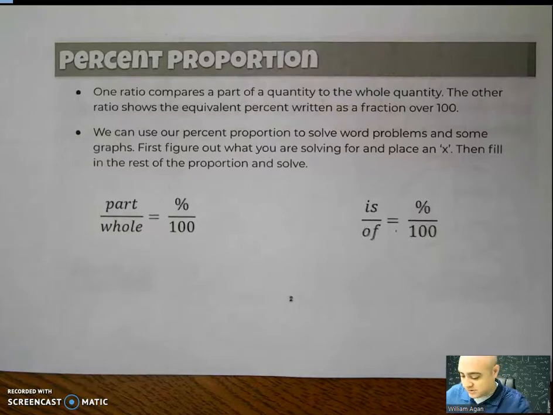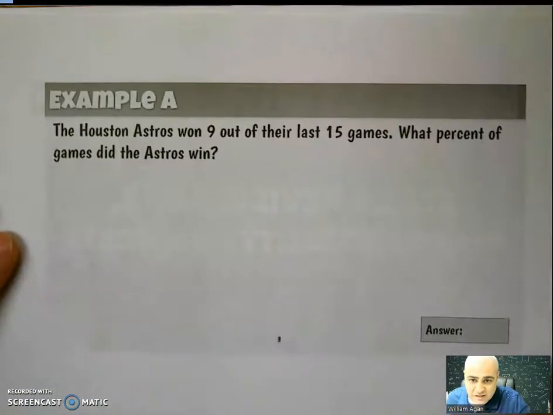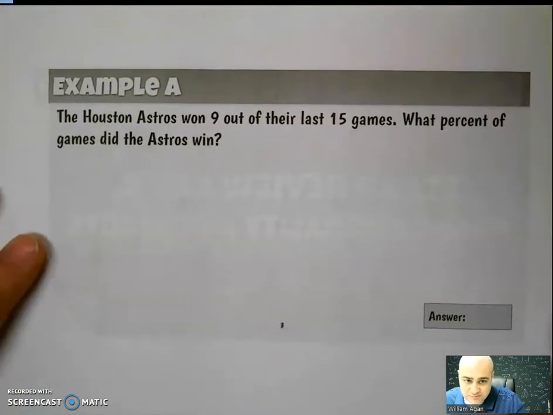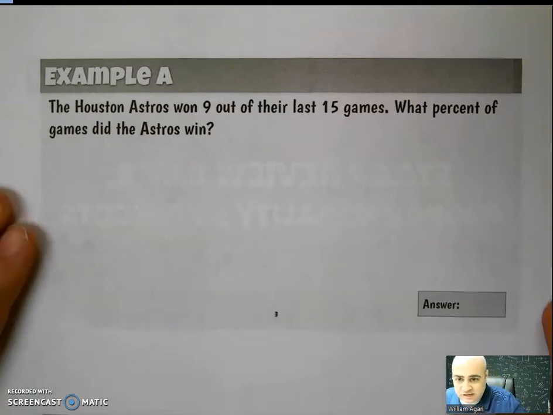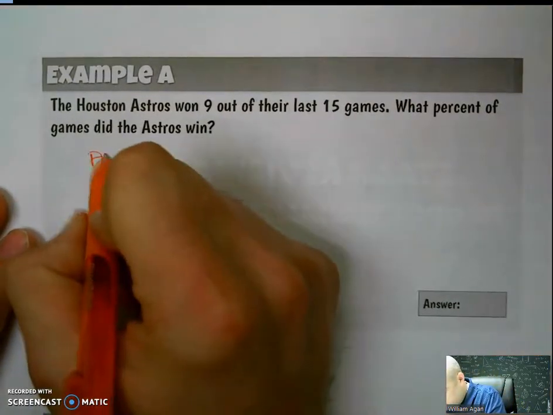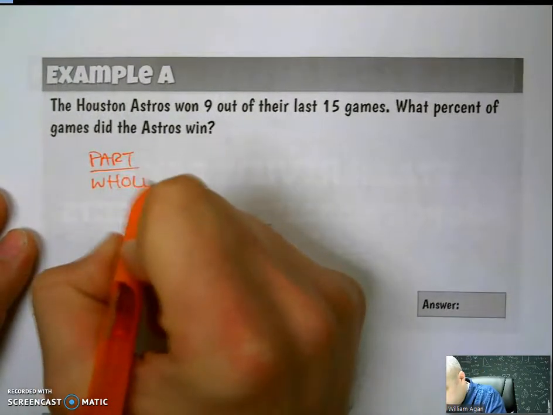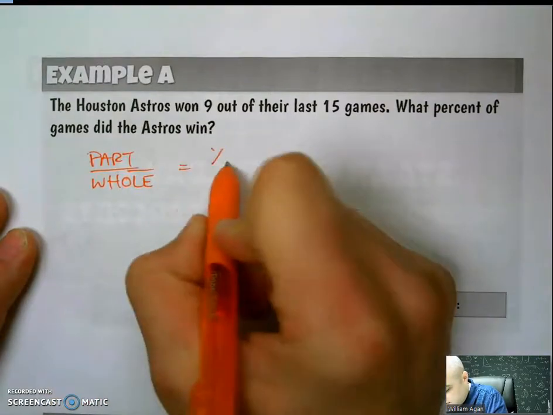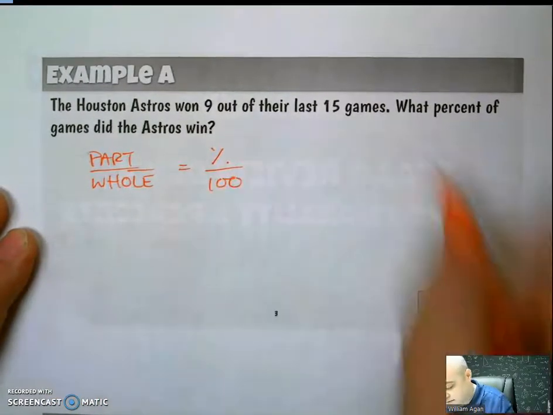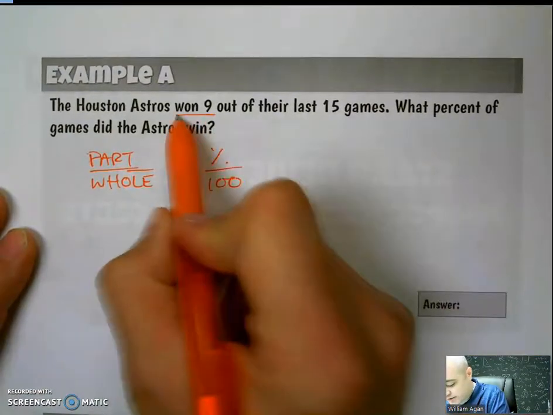Okay, so let's look at example A. The Houston Astros won 9 out of their last 15 games. What percent of the games did the Astros win? Okay, so it's part over whole equals percent over 100. The part is the ones that they won.